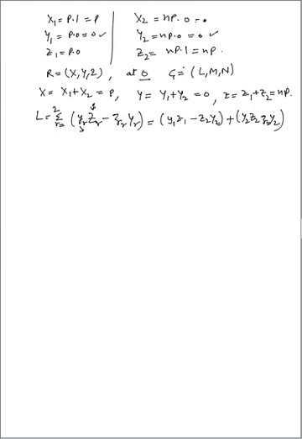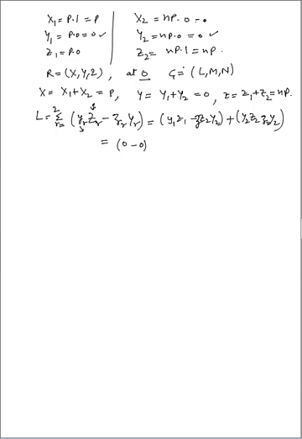So this comes 0 minus 0, because Y1 is 0, Z1 is 0, z2 is 0, and Z2 is NP into Y2 is 0.